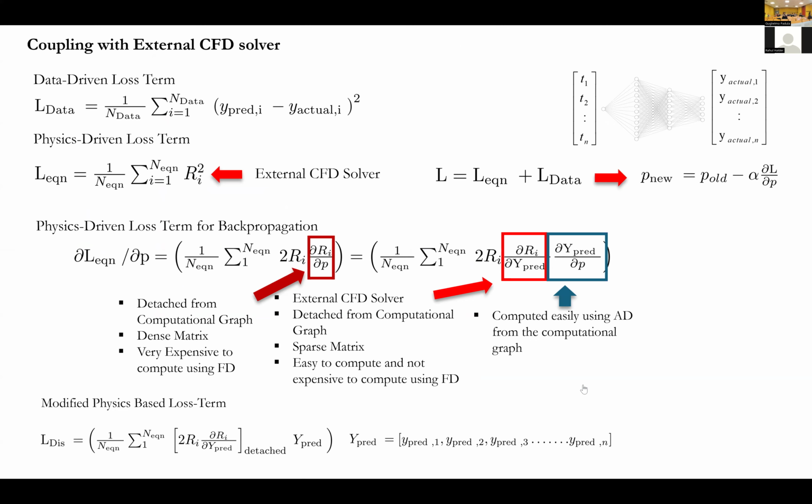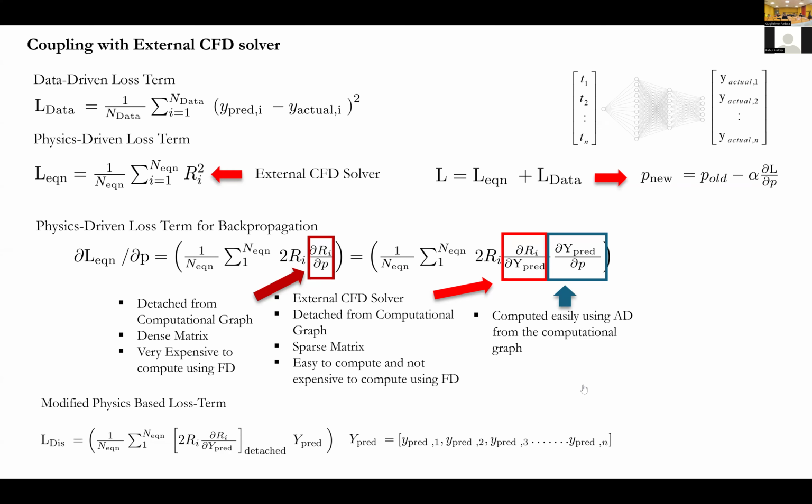You cannot compute the derivative with respect to the neural network parameters, P. The way I have handled it is by breaking it using the chain rule: del R by del Y pred and del Y pred by del P. Del Y pred by del P is coming from the neural network, and automatic differentiation-based derivative computation can be utilized. And del R by del Y pred is a sparse matrix, and it can be computed if not at every iteration, then at an interval of iterations.